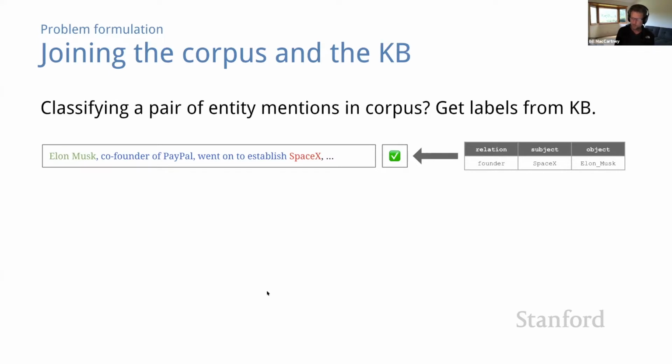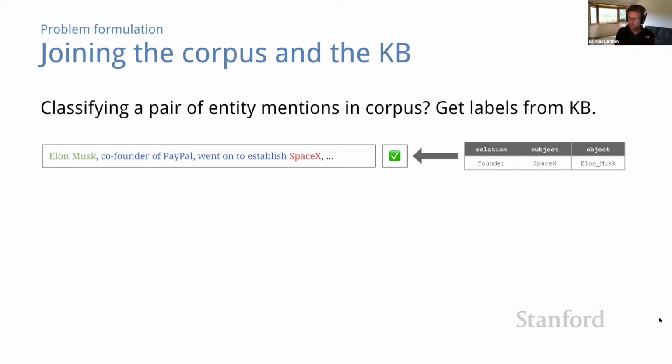It can be made to work, but it's not actually the preferred approach. If we do it this way, we'll be doing things exactly as they're done in the supervised paradigm. It does work, but it's not the best way to take advantage of the opportunity that distant supervision creates.